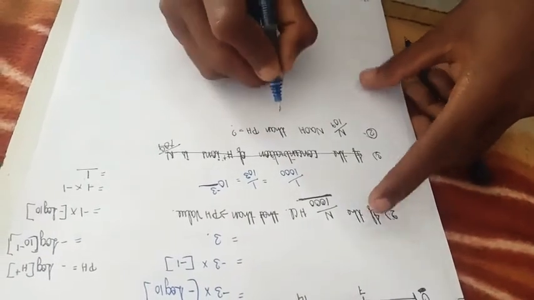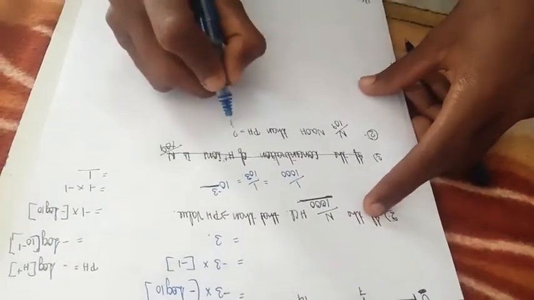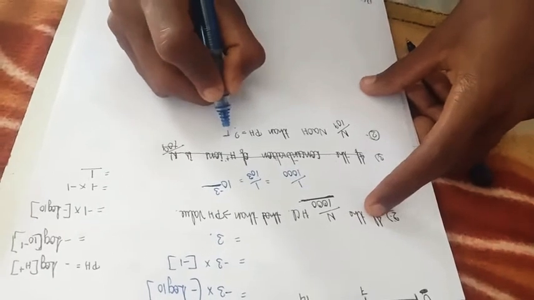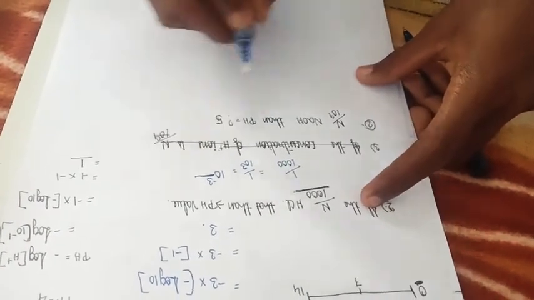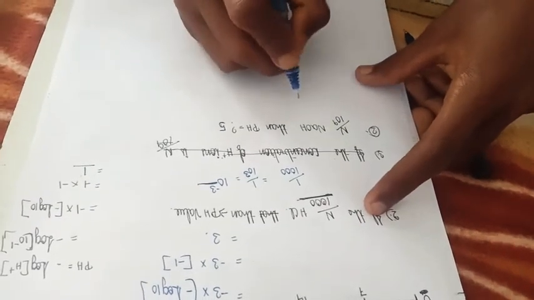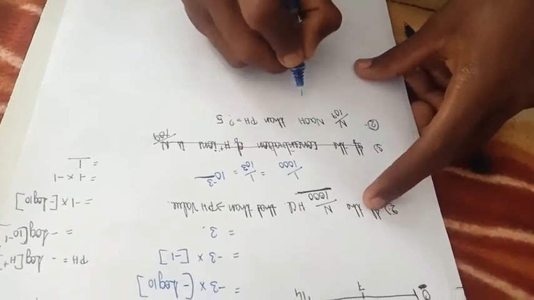How can we calculate the pH value? The pH value is 5. Everyone is shocked. How? The pH value is 5. Let's check.